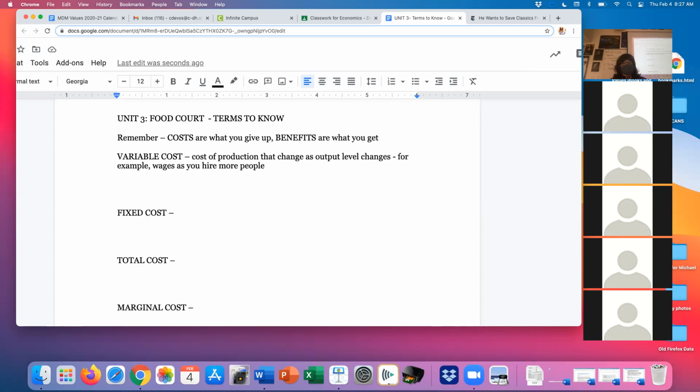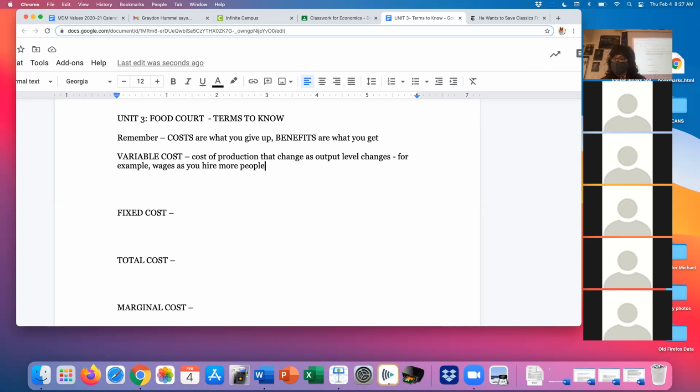So for instance, if I need to produce more, my output level is going to go up. I'm making more things. I need to hire more employees to do my work, right? The wages I pay are a variable cost. It changes as I hire or fire more workers. Make sense? My variable cost for wages will go down if I have to lay off a bunch of people.